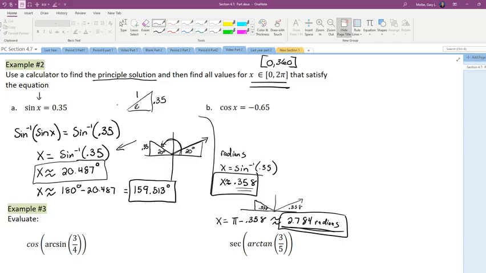Let's just do this one in radians for this one. So the question is, what angle has a cosine of negative 0.65? So if I do the inverse cosine of both sides, I get x equals the inverse cosine of negative 0.65.